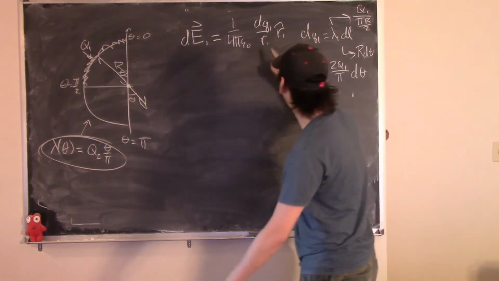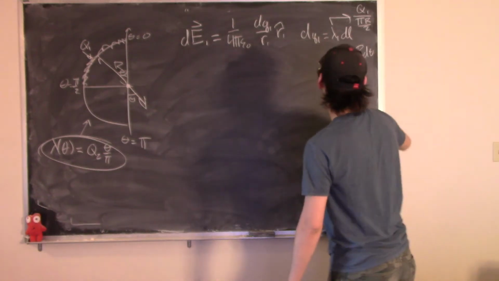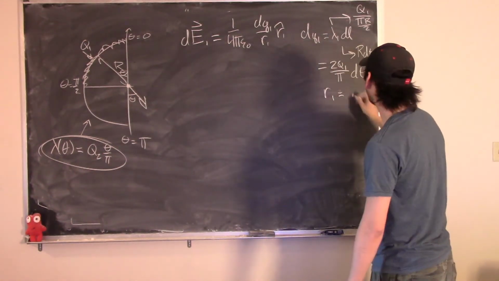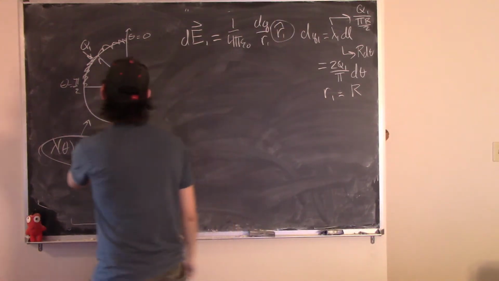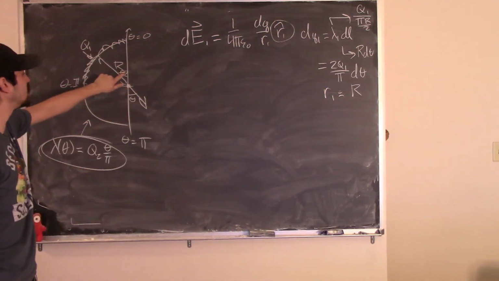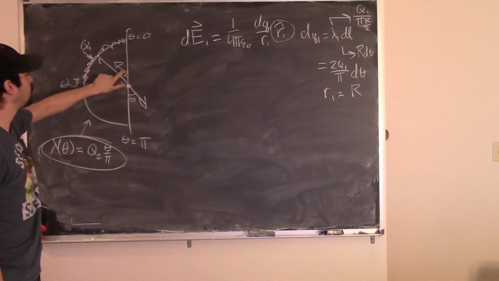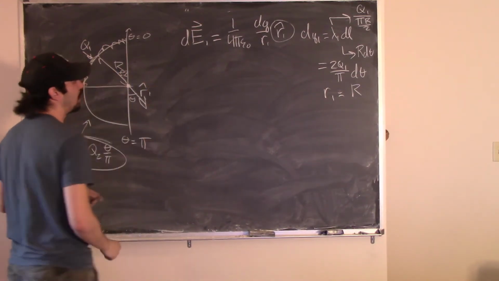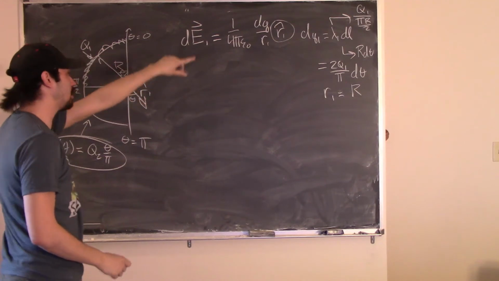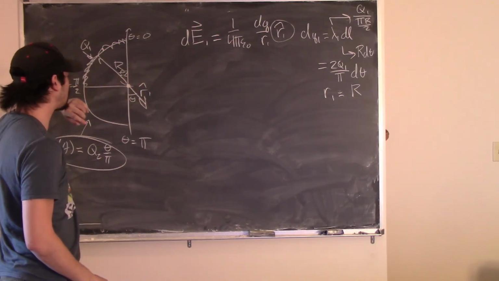Now r1 is going to be equal to just capital R. So now this is the important part that I was talking about. You have to choose this to be theta. So since this is theta, this is r hat 1. It actually turns out to be the same as r hat 2. I'll talk about that in a second.